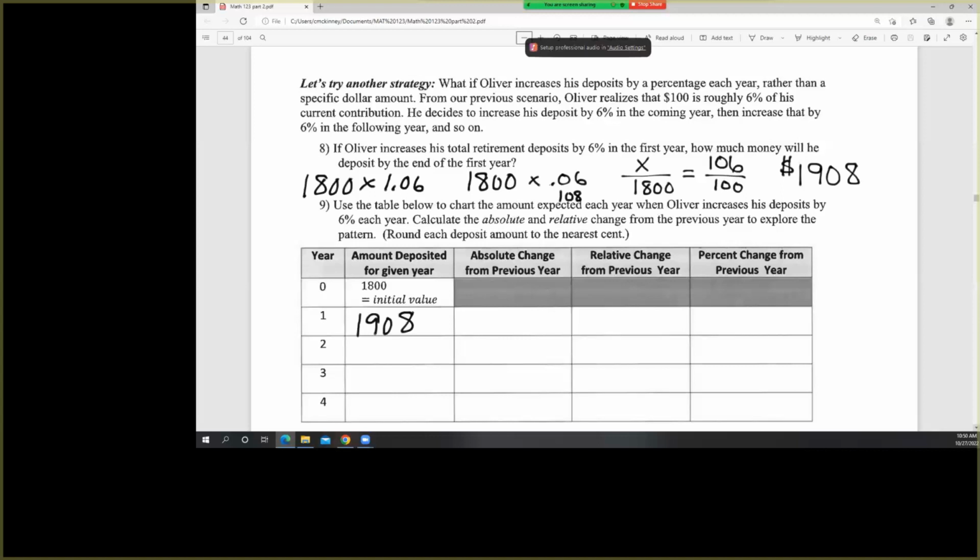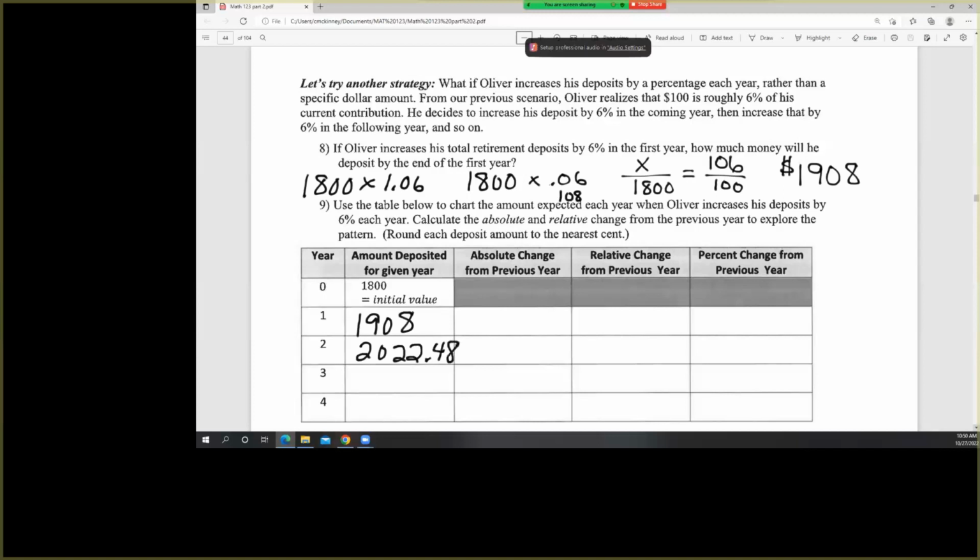And now you could do this table in whatever order you want. But one of the ways I found easy is if I just leave that in my calculator and then do times 1.06 again. So if I leave the 1908 in the calculator, times 1.06, then I have the next year, he's going to deposit $2,022.48.